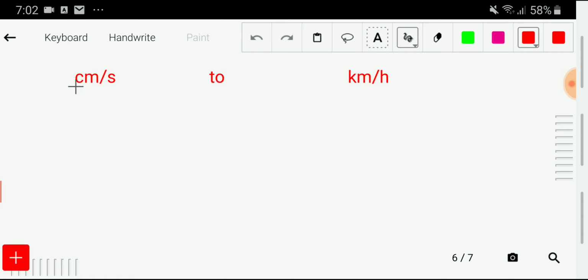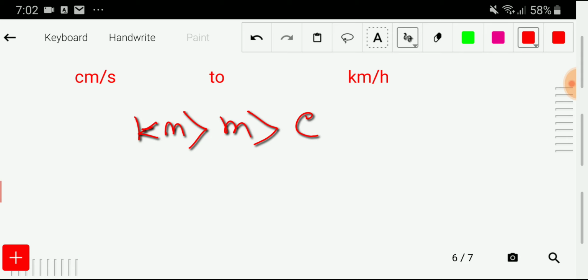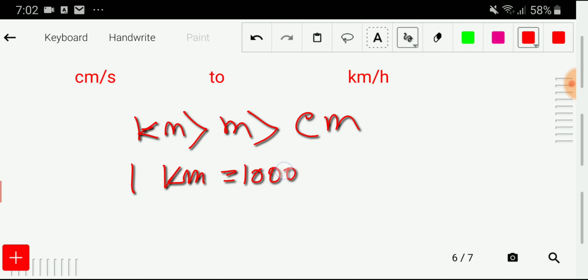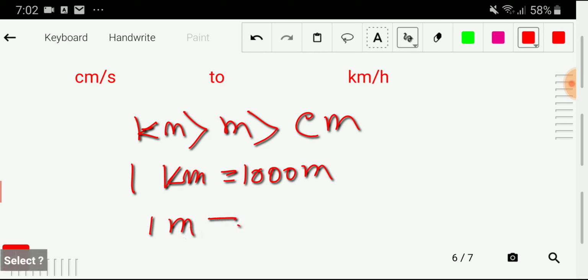Before going into the main section, let me give you some basic points. We know that kilometer is greater than meter and meter is greater than centimeter. We know that 1 kilometer equals 1000 meter and 1 meter equals 100 centimeter.